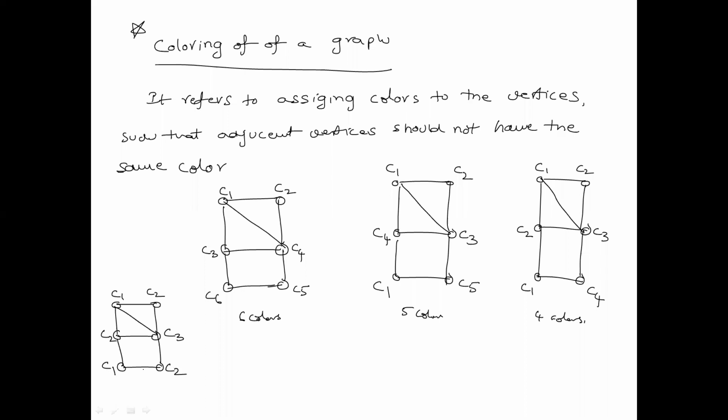So therefore, it is even 3 colorable. But what is the minimum number of colors required? Is it possible to color with 2 colors? Yes or no? With 2 colors, is it possible? The answer is no. So with 2 colors, it is not possible. Yes, if you want, you can ask like this.